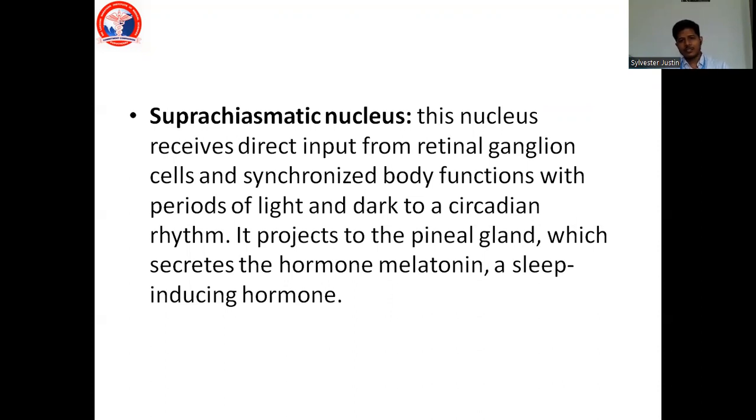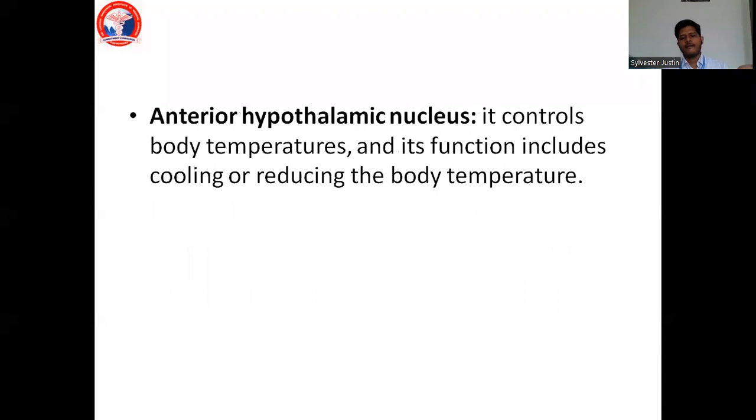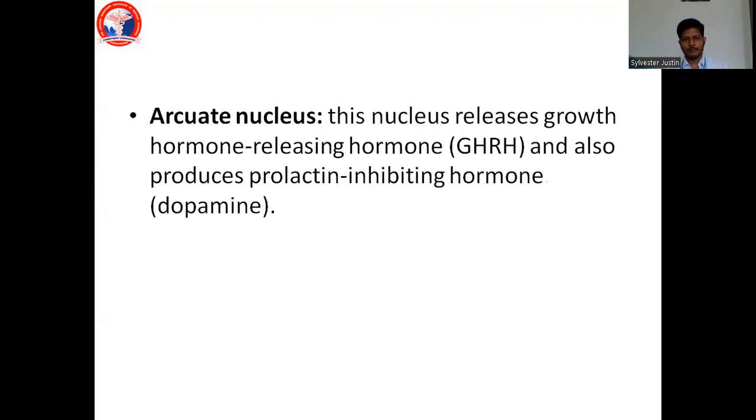The optic chiasma is there, so the light is perceived by the eyes, and it relates to this nucleus, which is just situated above the chiasma, the suprachiasmatic nucleus, and that goes and shares the information with the pineal gland, which secretes melatonin, so that the person can sleep during the dark. And finally, there's the anterior hypothalamic nucleus, which helps in body temperature regulation by cooling the body.